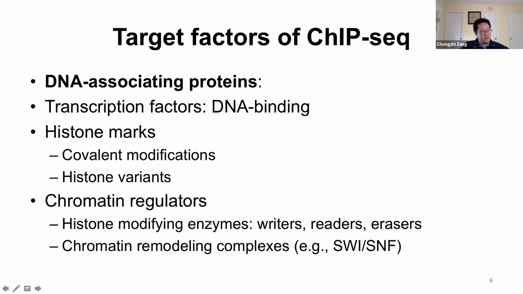But they have functions including histone modifying enzymes, to write, to read, or to erase different histone modifications, and some other protein regulators regulate the chromatin structure, like chromatin remodeling complexes. For example, SWI/SNF, or in human called the BAF complex, is an important group of them.